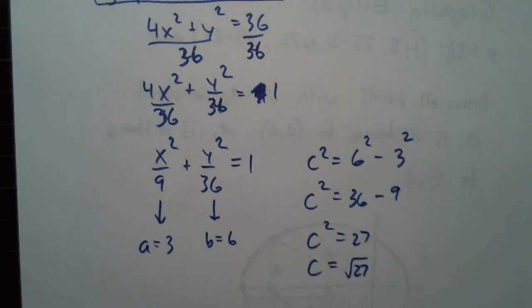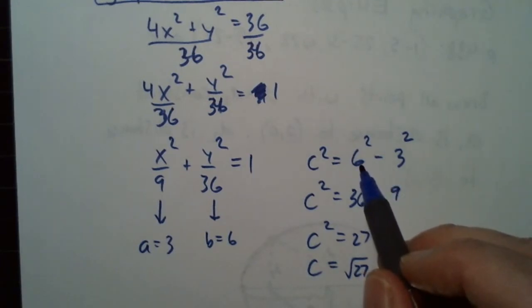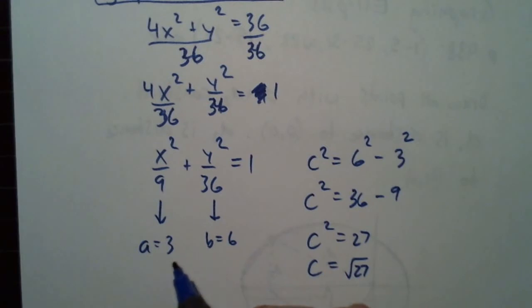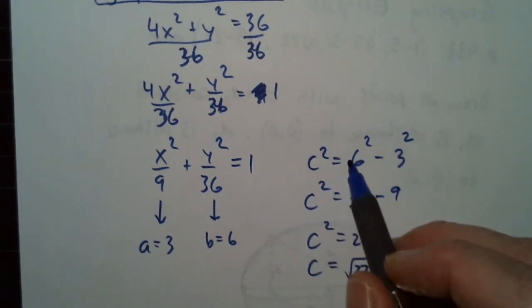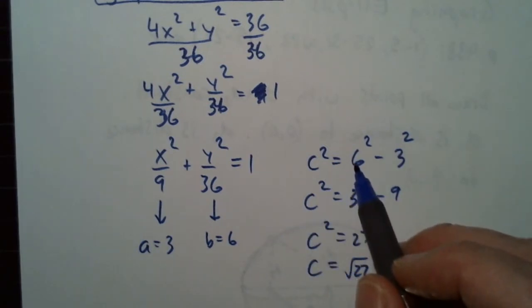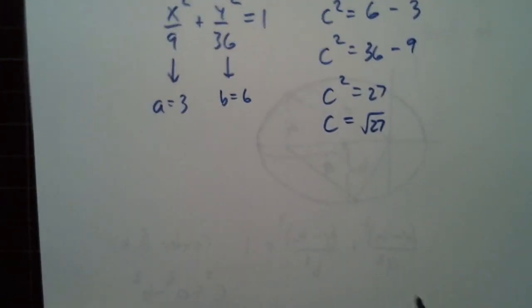We always put the larger number first. If we have a and b, one of them will be larger, and then we can always put the larger one first. So now we're ready to graph.